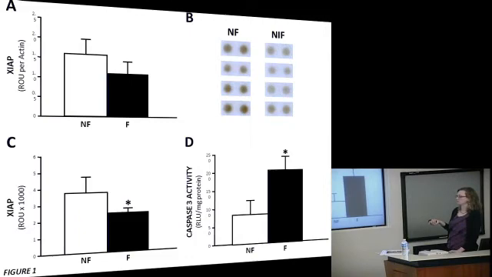We found a diminishment of XIAP. And then concurrently, with lysates from the same samples, we were able to do a very sensitive caspase 3 activity assay based on luciferase from Promega. And we were able to show that concurrent with the diminishment of XIAP in the failing hearts, there was an increase in caspase 3 activity.